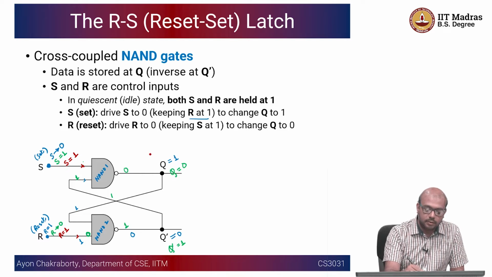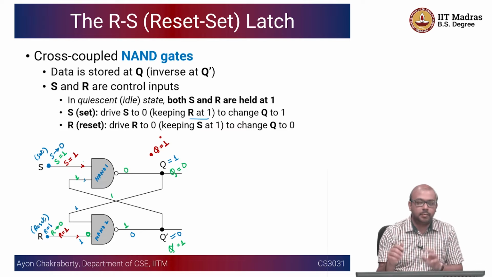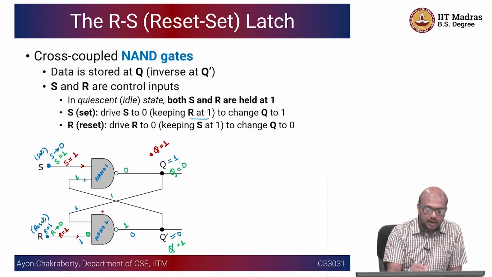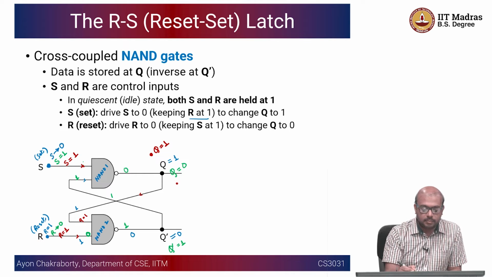So case 1 could be, let's say this is case 1, Q is equal to 1. Because Q could be 1 or 0, right? First is Q is equal to 1. So what is the input here? Because Q is equal to 1 here, 1 and 1 is going to be how much? The output is going to be 0, right? This is the first thing that I am discussing.